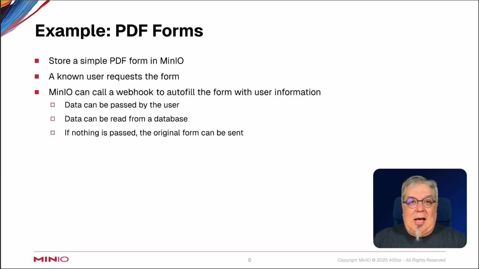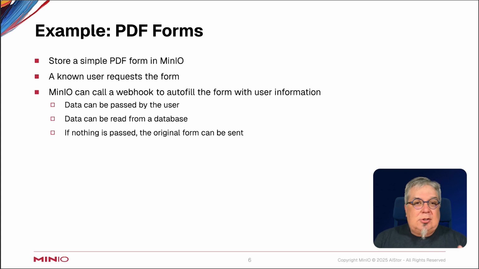We can autofill it as we go. The data can be passed in by the user through a form, or the data can even be read from a database. You can do whatever you want because you're writing a webhook in whatever language you feel like, and we'll show you more about that in just a little bit. If nothing is passed in, of course, we can just send down the original blank form and they can fill it in themselves later.